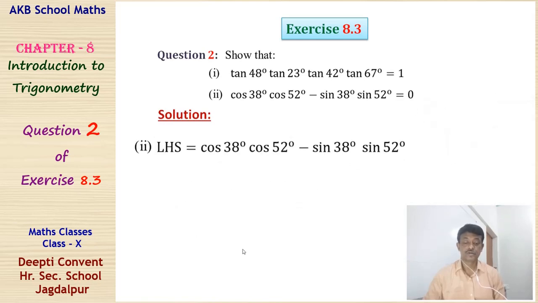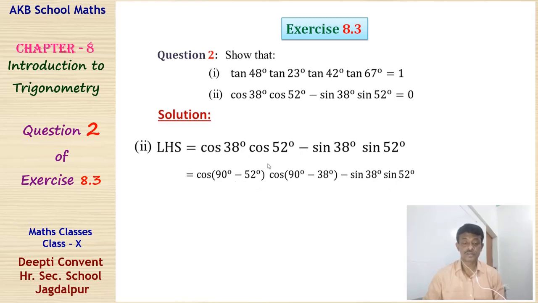Now take the second: cos 38, cos 52, minus sin 52, sin 38. You know 38 and 52 can be combined to make 90 degrees, so they are complementary angles. So 38 can be written as 90 minus 52, and 52 can be written as 90 minus 38. Here, for sin don't change; here you have to change cos.